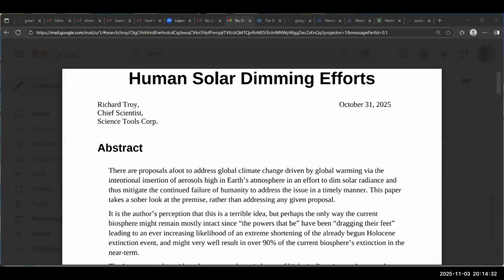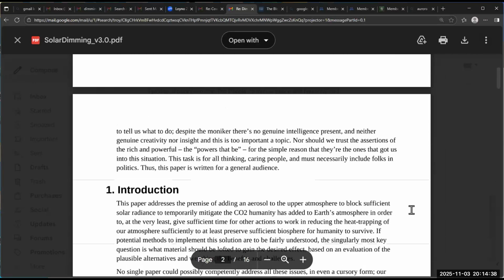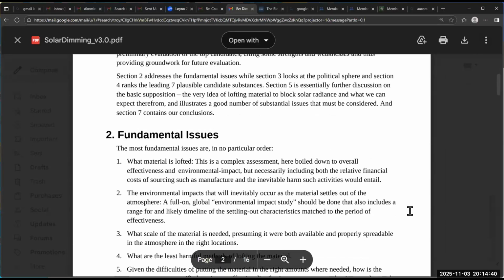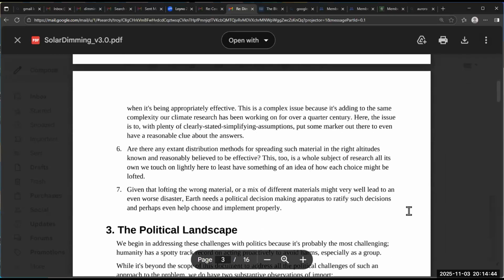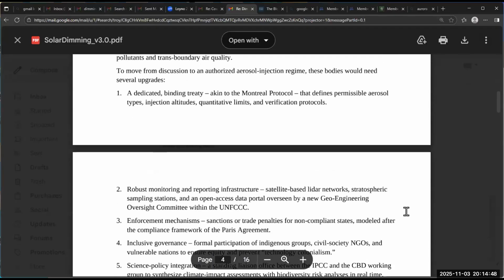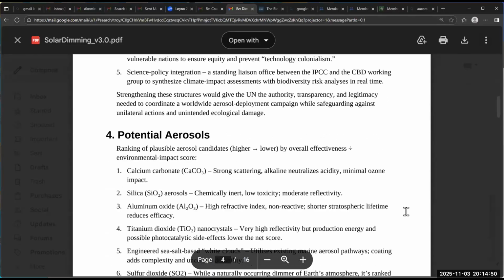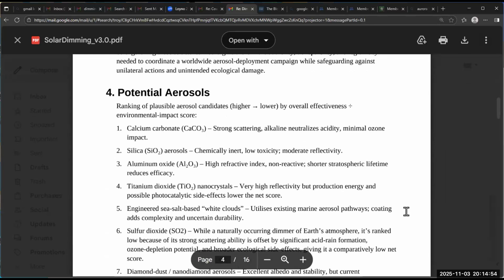Then there's the question of, are there any extant distribution methods for spreading the particular types of materials that would be chosen? And on what time period would they need to be replenished, which has to do with effectively the rate at which they settle out, which is almost but not exactly related to their mass, the particulate mass. And that, of course, has a lot to do with particulate size.